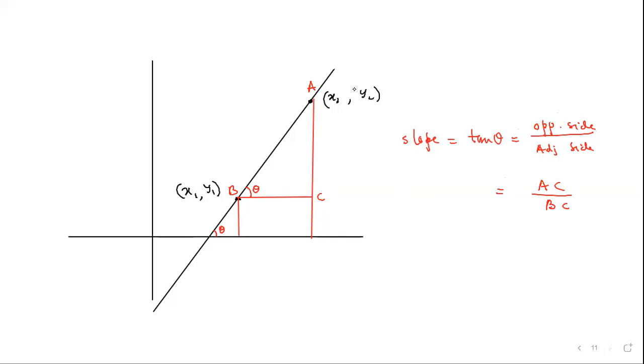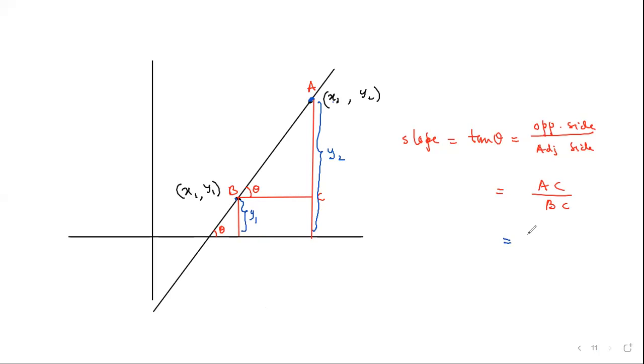What is this height? Coordinate of this point is x2, y2. So this height is nothing but y2. Do you agree with that statement? And this height would be y1, because the coordinate is x1, y1.